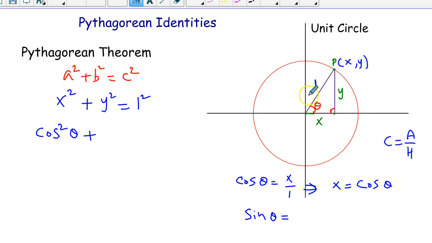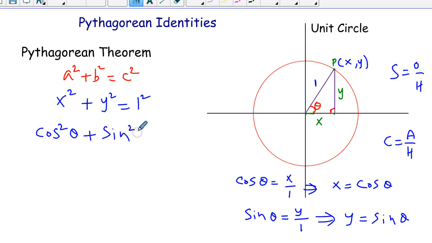That is y. y over 1, because I know that sine is opposite side over hypotenuse, and y is the opposite and the hypotenuse is 1. So that gives me y is equal to sine theta. Okay, so y square is going to be sine square theta is equal to 1 square, that is nothing but 1.